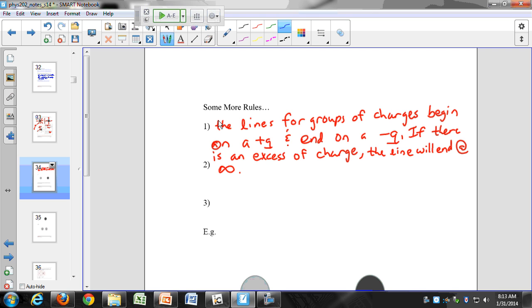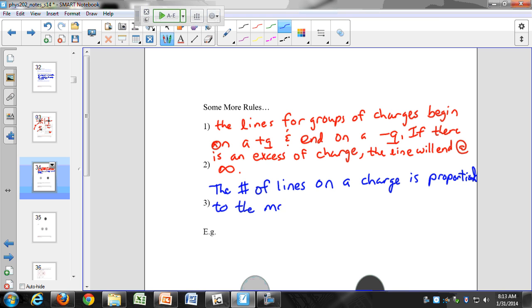And then number 2, which I'll write in blue: the number of lines on a charge is proportional to the magnitude of the charge.